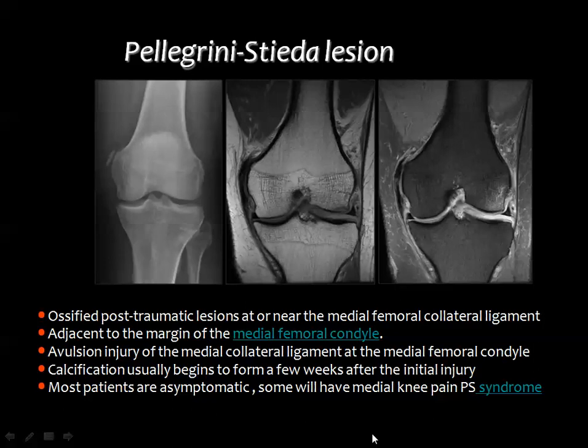Then the Pellegrini-Stieda lesion is a post-traumatic lesion along the medial collateral ligament.